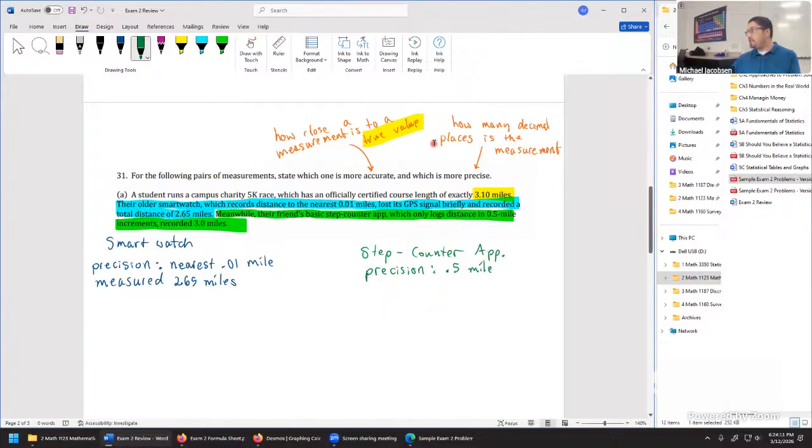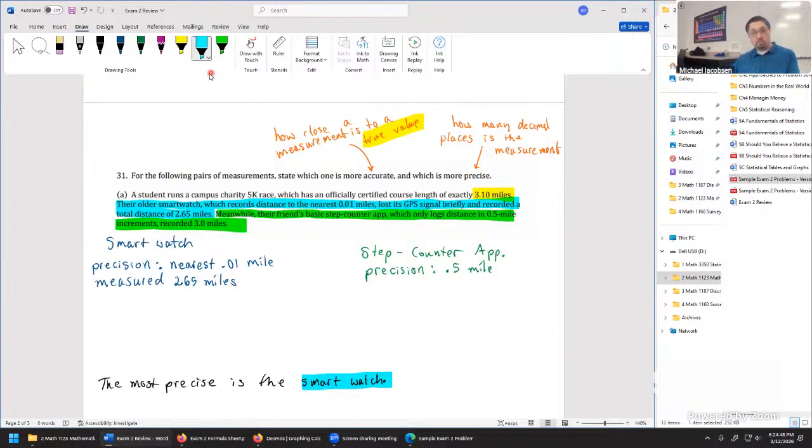It wants to know which one is more precise. And this one is the more precise measurement because it's to the nearest 0.01 miles. It's talking about the decimal places that it's able to approximate values to. So let's say here, the most precise is the smartwatch. It doesn't mean it's the most accurate, although it could. It just depends on how the problem is put together, what's going on in this context.